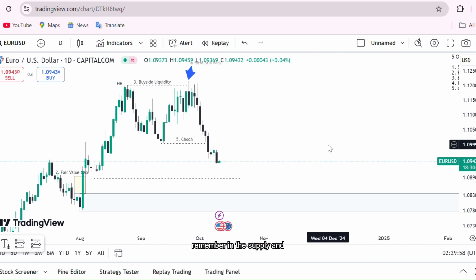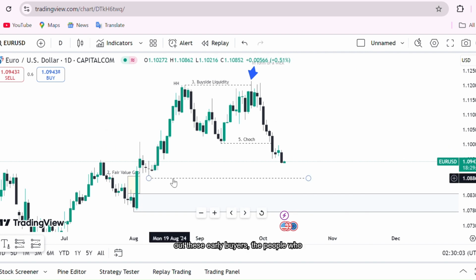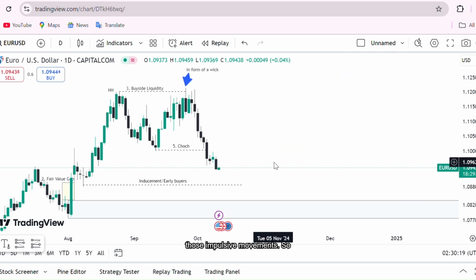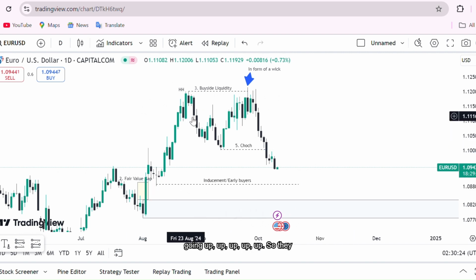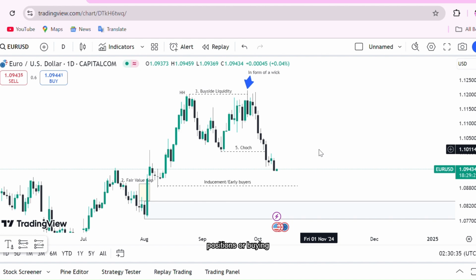But in the supply and demand strategy, we always have to take out these early buyers, the people who came in the market early. Some people call it inducement. I call them early buyers, the people who came in the market when they saw those impulsive movements. They thought the market was going to go up, up, up, up, up, so they came in with buying positions or buying orders, right?